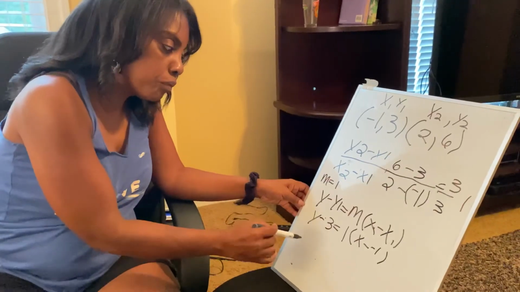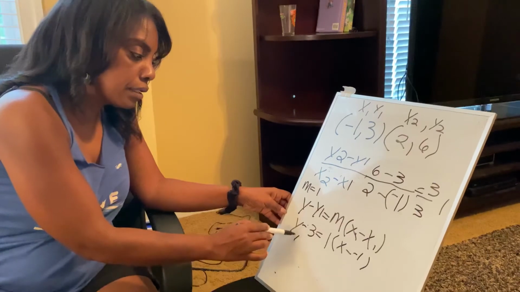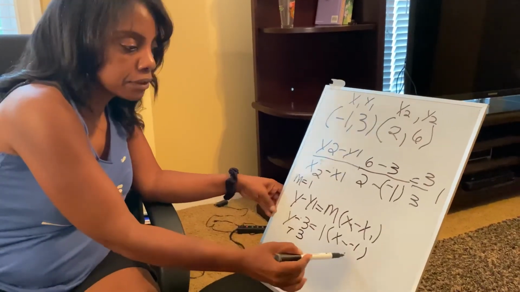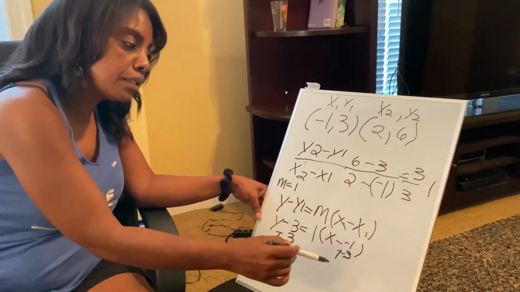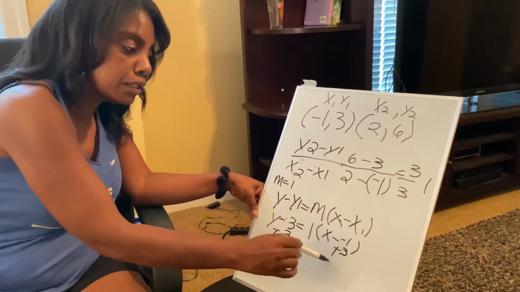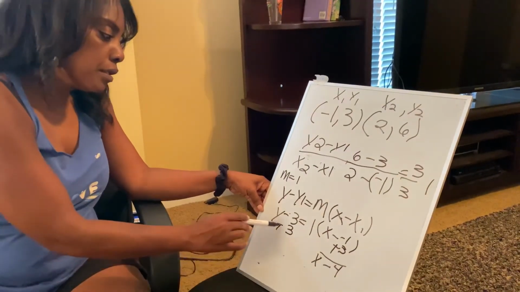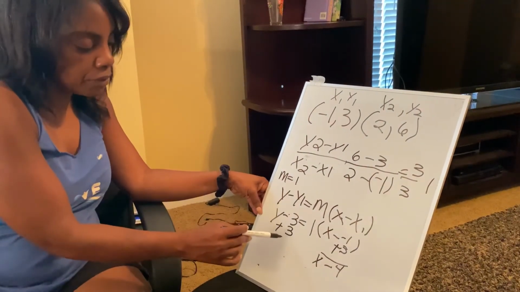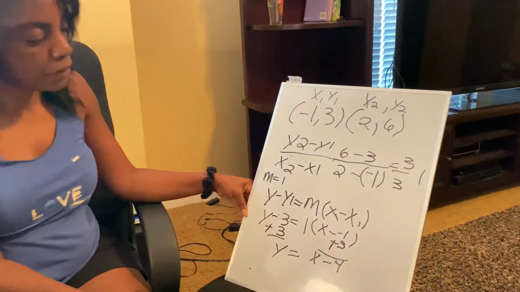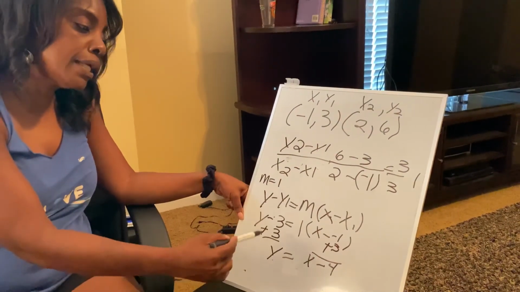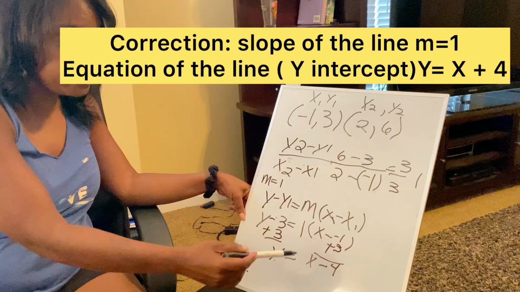So now we need to do the distributive property again. We're going to add 3 to both sides. Minus times a negative 1 is positive 1, so we have x plus 1 plus 3, which is 4. A minus 3 plus a positive 3 cancels out. So the equation of the line is y equals x plus 4.